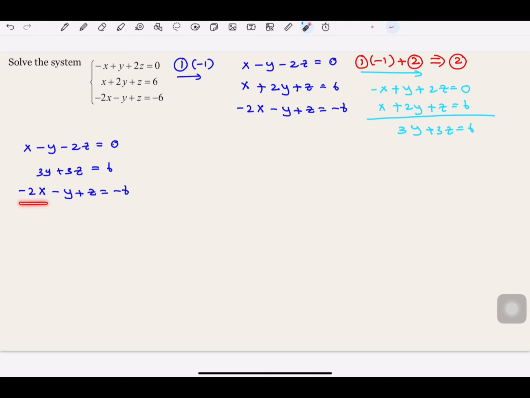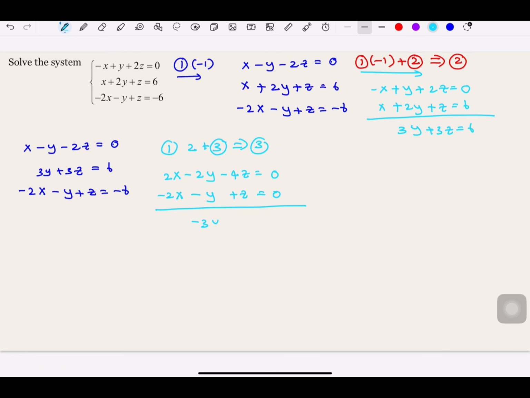To do the same to the third equation, I'm going to multiply the first equation by 2, add it into the third equation, and finally replace it. To do that, I'll get 2x - 2y - 4z = 0, and over here, -2x - y + z = 0. The x's will cancel out.